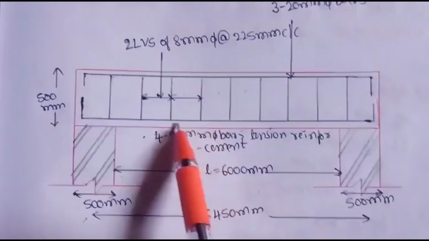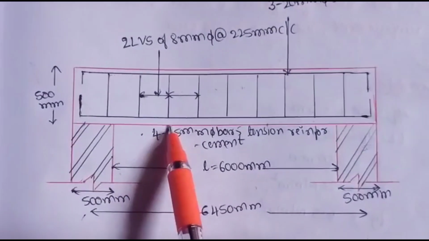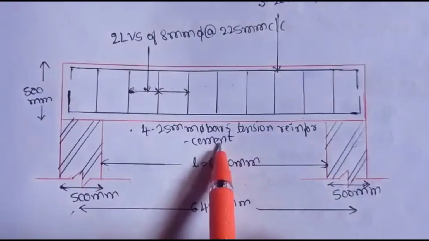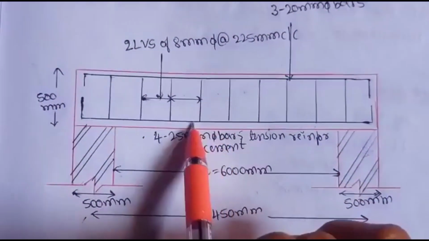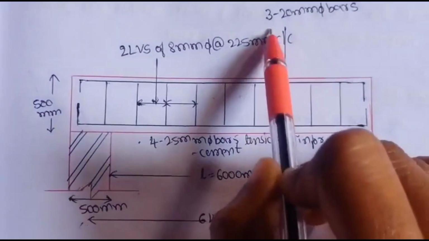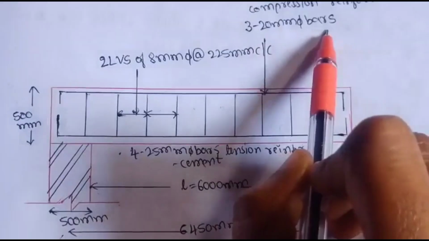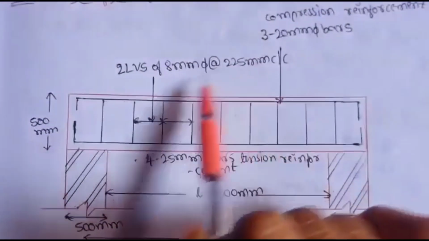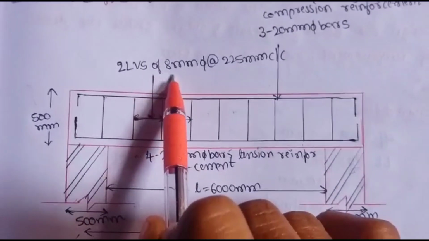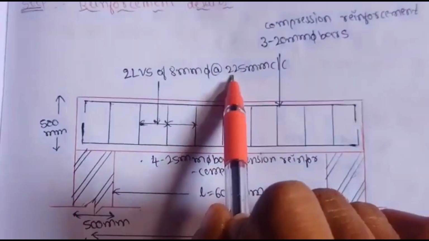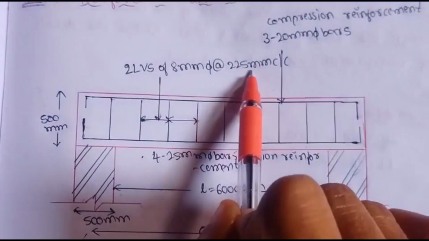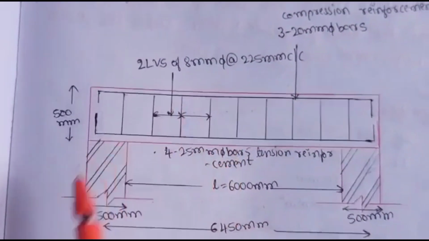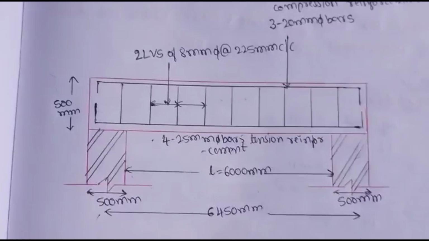We have 4 numbers of 25 mm bars as tension reinforcement, which comes at the bottom, and 3 numbers of 20 mm diameter bars as compression reinforcement, which comes on the top, and 2-legged vertical stirrups of 8 mm diameter bars at a distance of 225 mm, and these are the vertical stirrups. So this is the longitudinal section diagram of our beam.